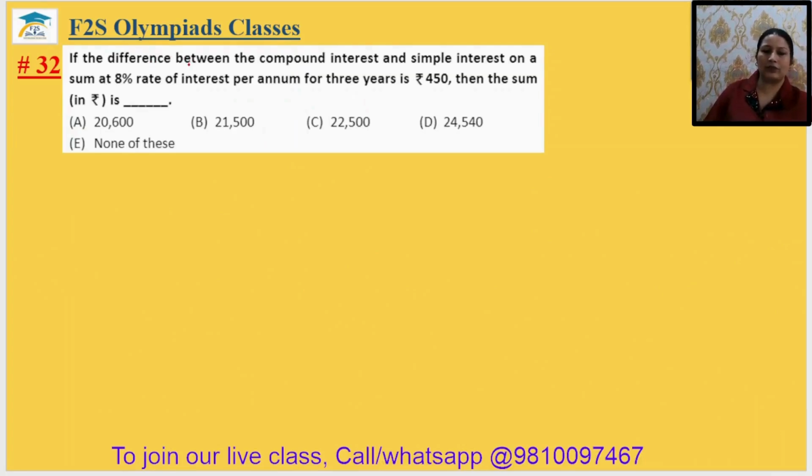Come to question number 32. If the difference between the compound interest and the simple interest on a sum at 8% rate of interest per annum for 3 years is 450, then find the sum.